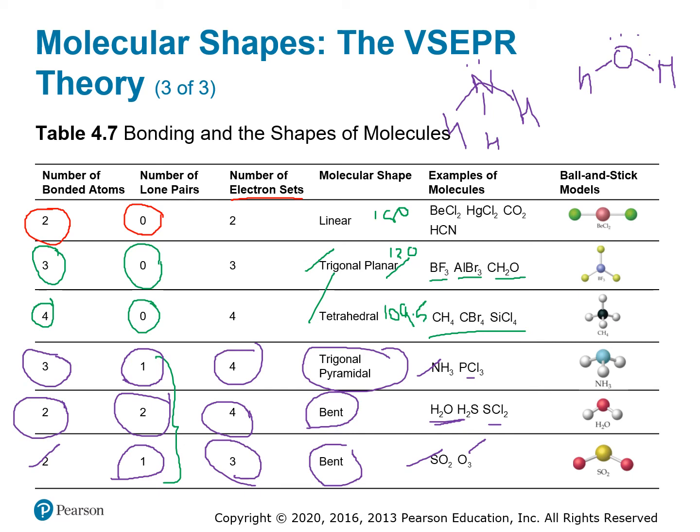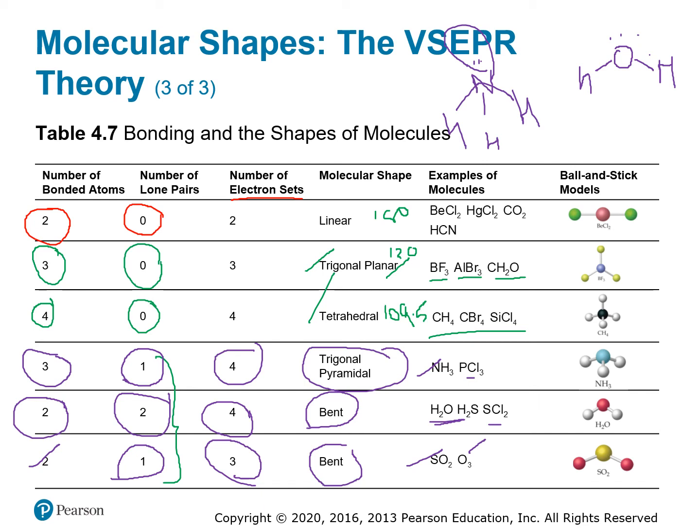The first 3 are very logical, and then you can think of it as, okay, I have 3 bonded atoms, and when I have 1 lone pair, then instead of getting a tetrahedral geometry, this lone pair takes up that space, and I end up getting trigonal pyramidal geometry.